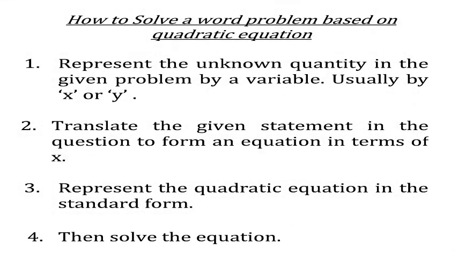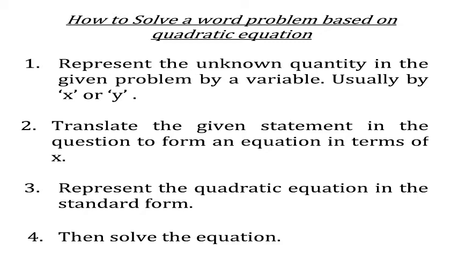To solve the problems based on the quadratic equation, we have to follow 4 steps. The first step, after you read the question, is to represent the unknown quantity in the given problem by a variable. Usually, we denote the variable either by x or y.